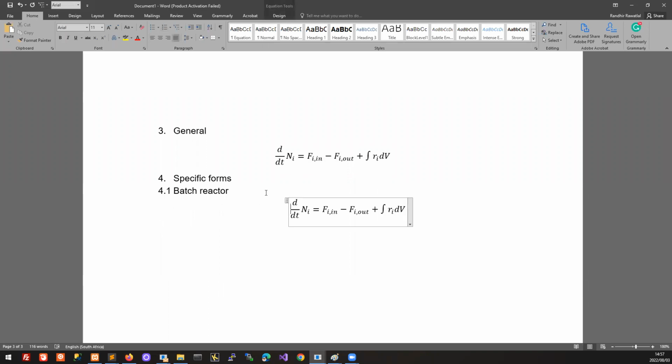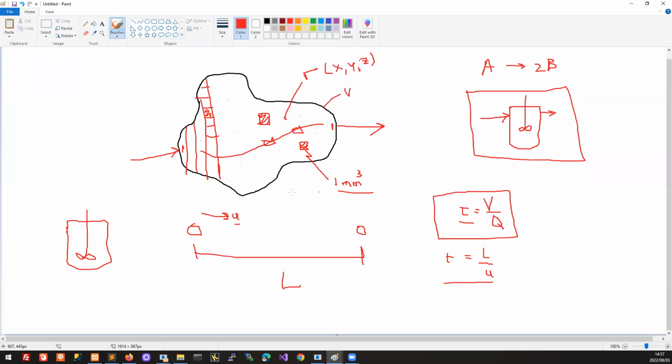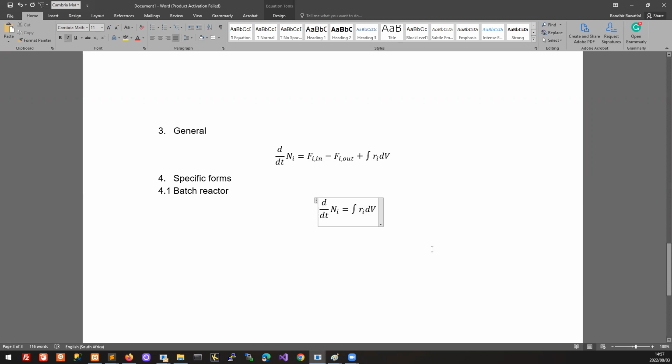And so now we can just chop out these terms. And the way we've drawn it, you can see we drew a stirrer here. We said this notation typically means there are no concentration or temperature gradients, so the reaction rate is the same everywhere. So this is going to be r_i V again.